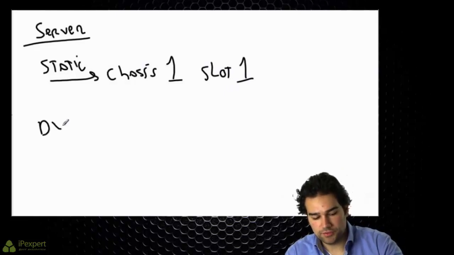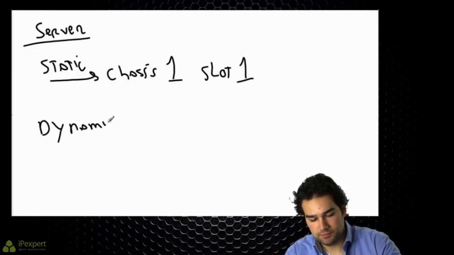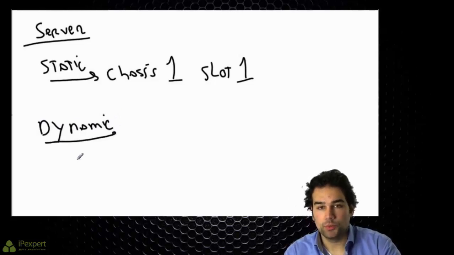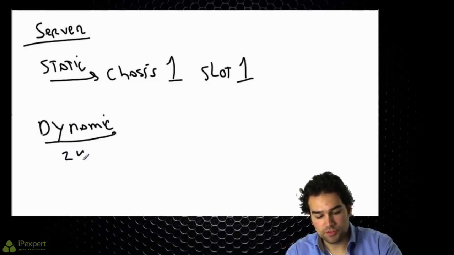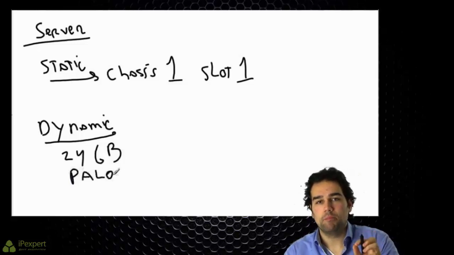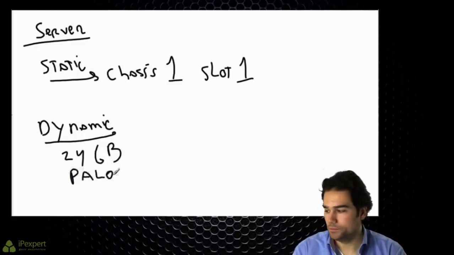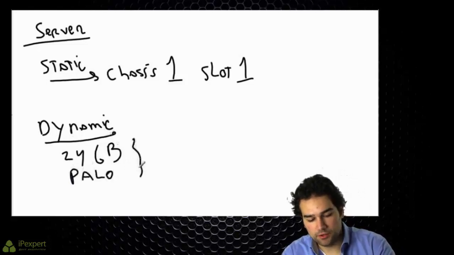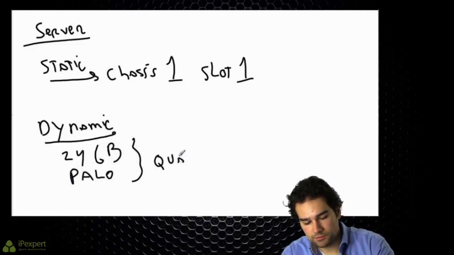Or, much more interesting of course, I can do this dynamically. I can dynamically say a server with a minimum amount of memory, 24 gigabytes of memory, and a Palo card should become a member of this particular server pool. So I can specify what they call qualifiers.